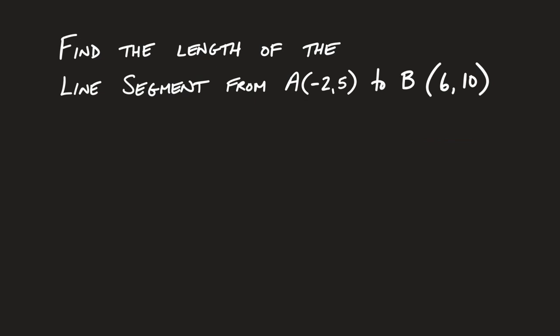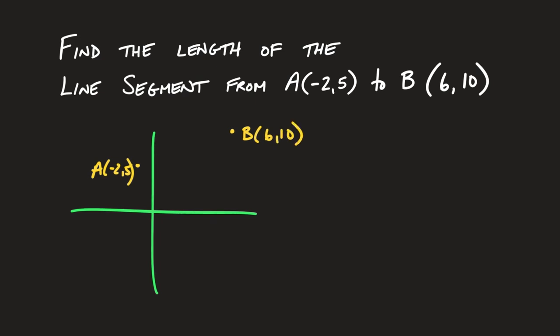Okay, here we go. If I was to ask you to find the length of that line segment as a concept, that means if I was to put down a very quick sketch, left 2, up 5, maybe that's point A, and then going all the way over 6 and up to 10, maybe that's point B, and as a very crude sketch, we get something like that.